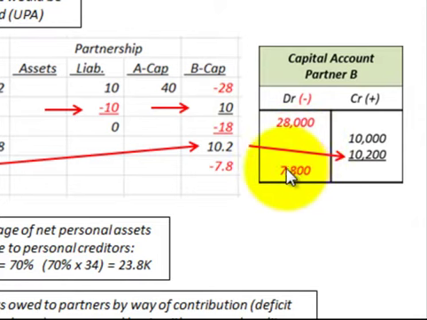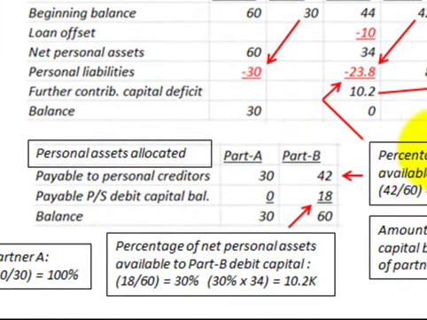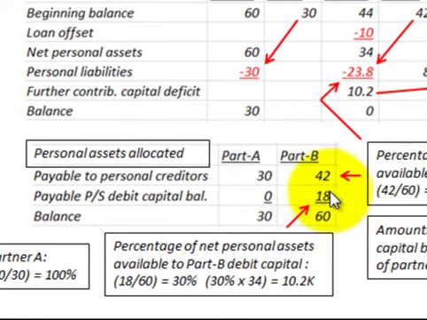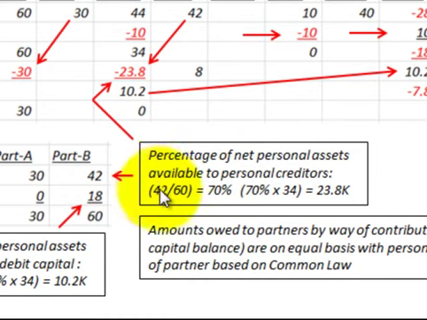Now that's where we use the common law instead of the Uniform Partnership Act. So this is where we use the common law, and again we had to allocate these personal assets between the payable to the personal creditors and the payable to our debit capital balance total amount. We would add those two together, and then we'd be able to allocate as we did here our percentage of net personal assets available to the personal creditors.